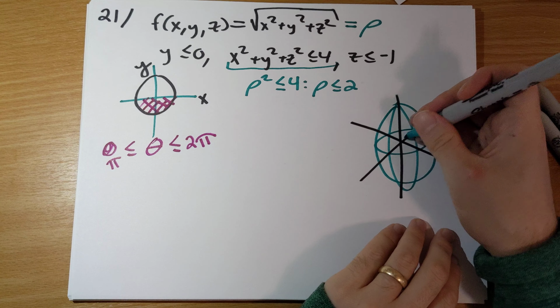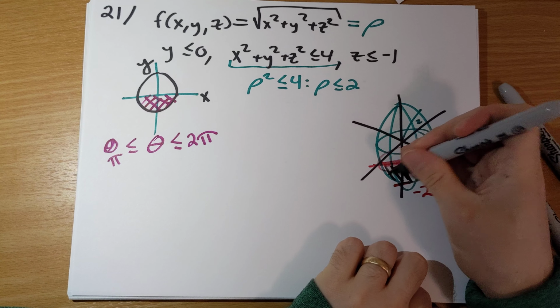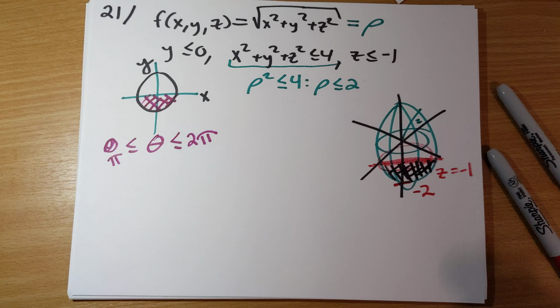Somehow we're cutting this off here at z equal to -1. So we are integrating over that. It's a spherical cap on the bottom of the sphere.